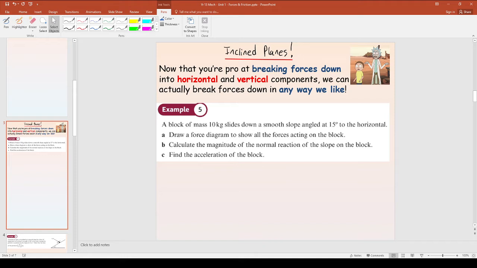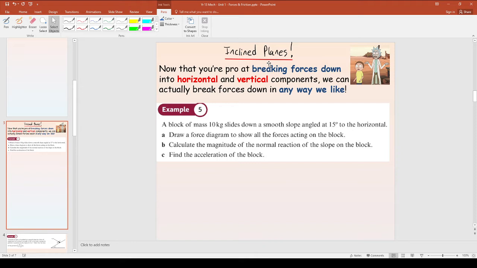Cool. And the one thing that's different about this to last time is, you know how we broke stuff down into horizontal and vertical? That's usually a really sensible thing to do, but often the acceleration in a question may not be in a horizontal or vertical direction. So for instance, if you were skiing, the gravity would bring your acceleration to be down the slope.